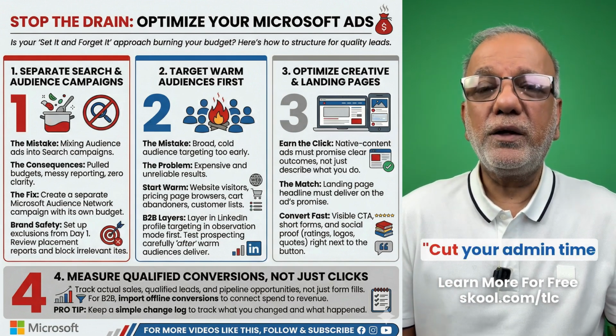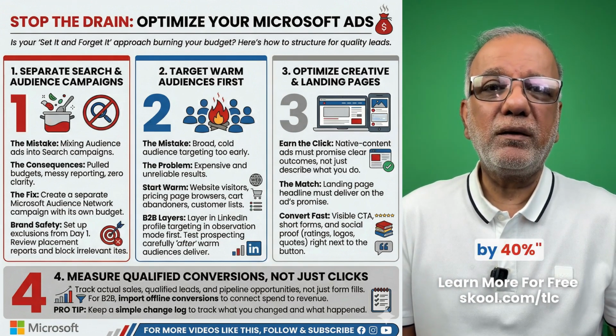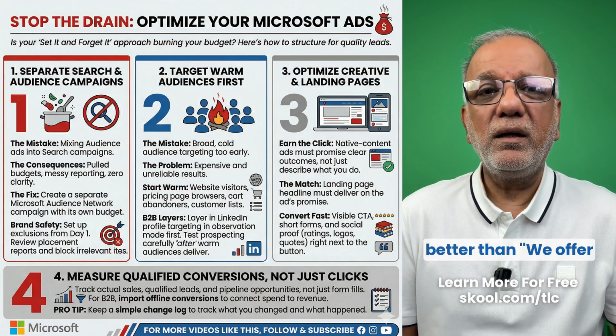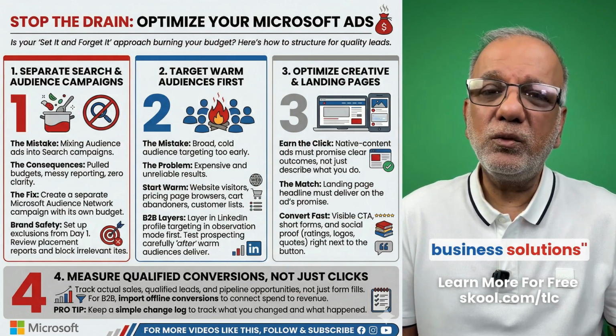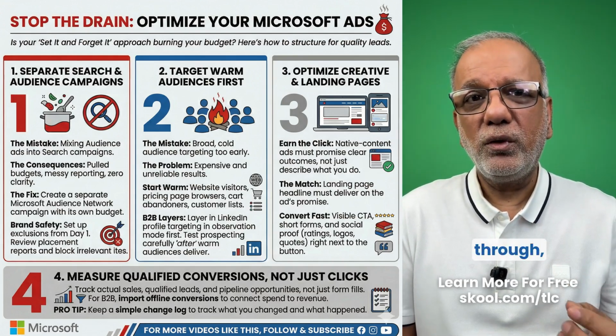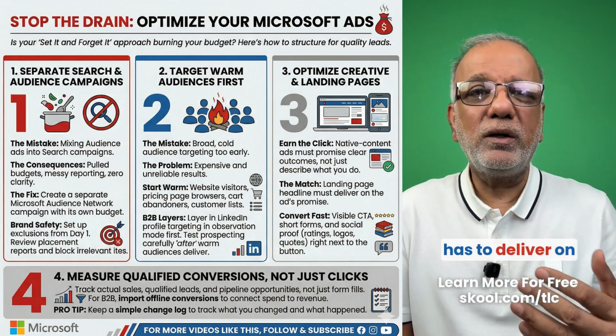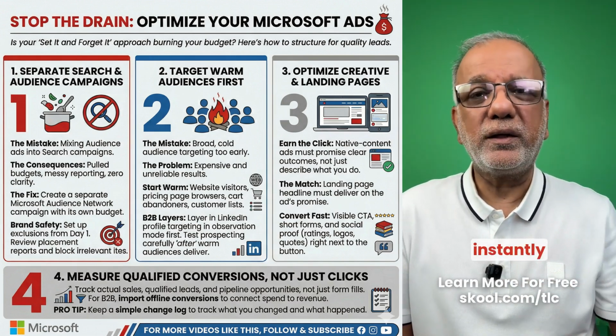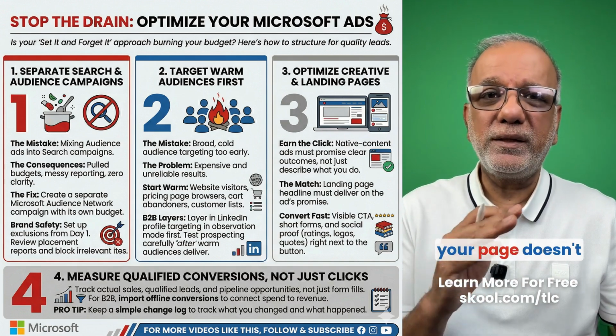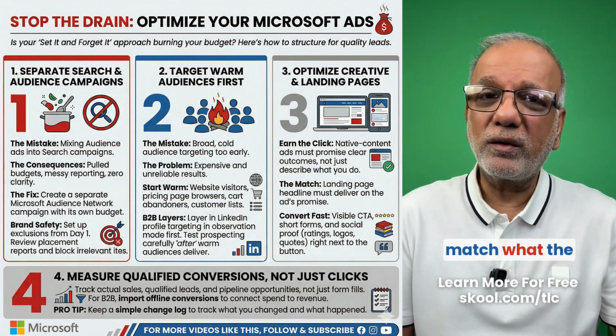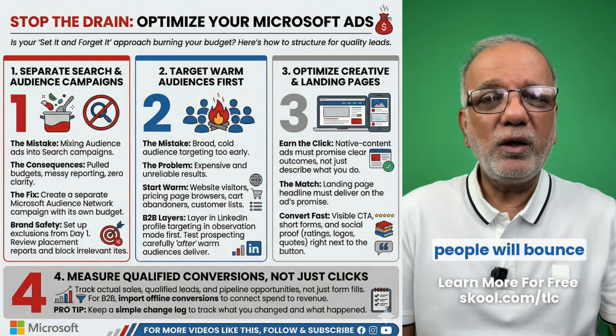Something like, cut your admin time by 40% works far better than we offer business solutions. And when they click through, your landing page has to deliver on that promise instantly. If the headline on your page doesn't match what the ad said, people will bounce.